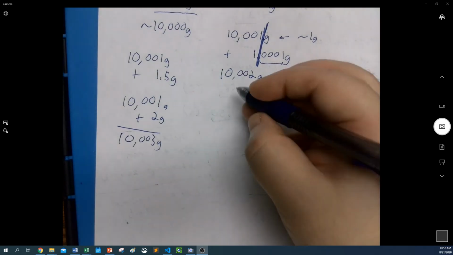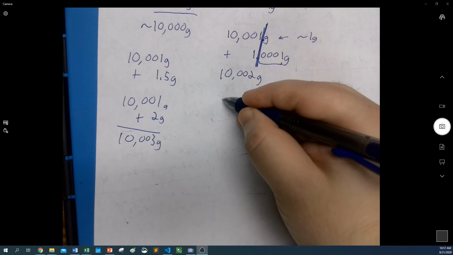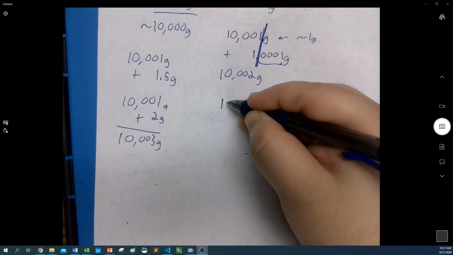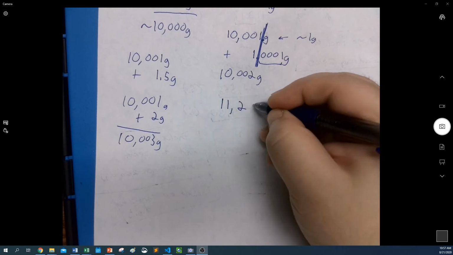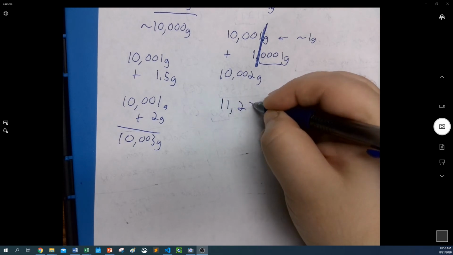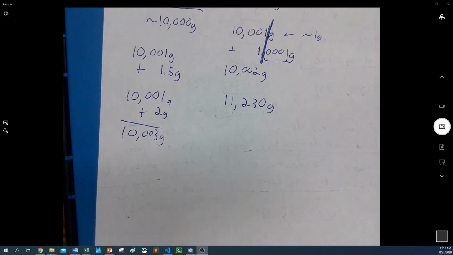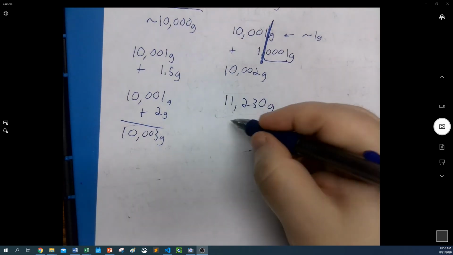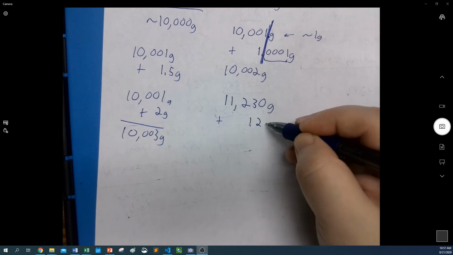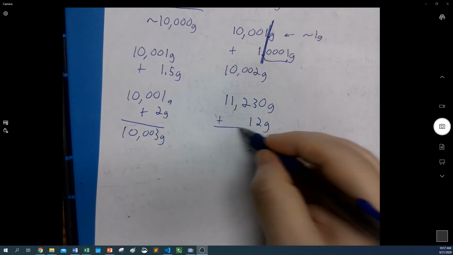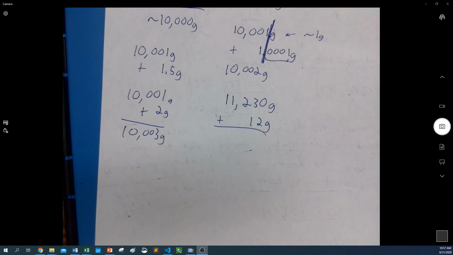So for example, let's say that we have 11,230 grams, and I added to it 12 grams. You don't even have to round.